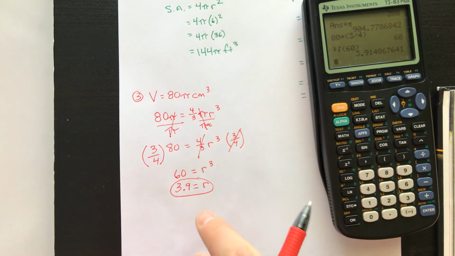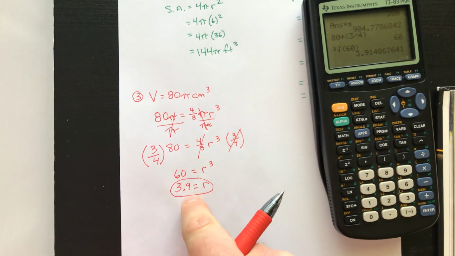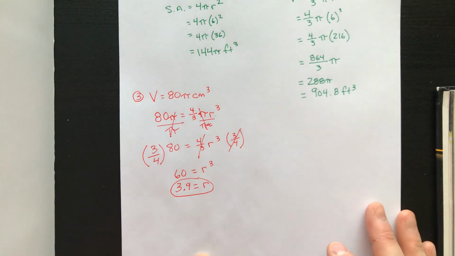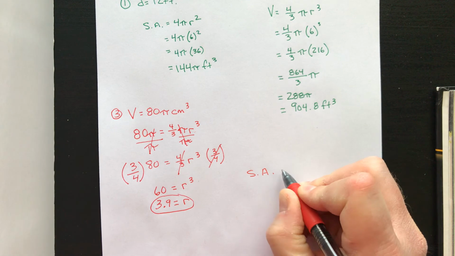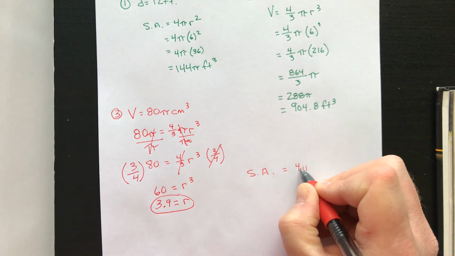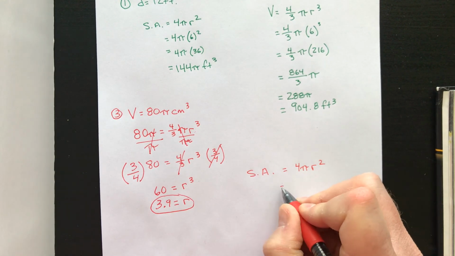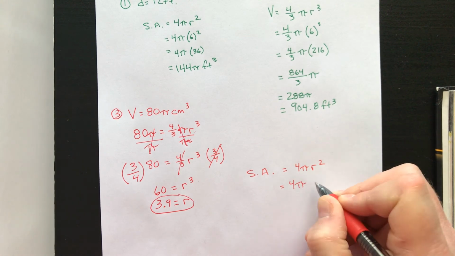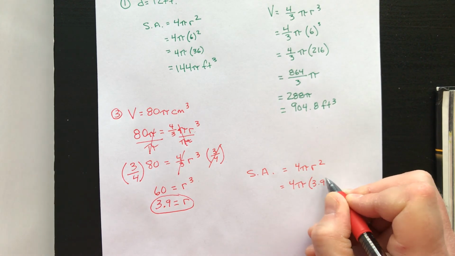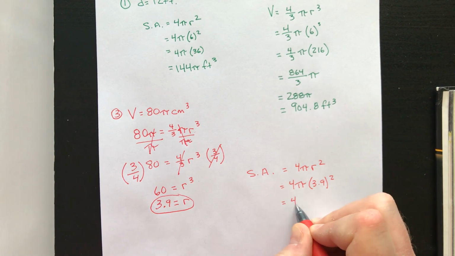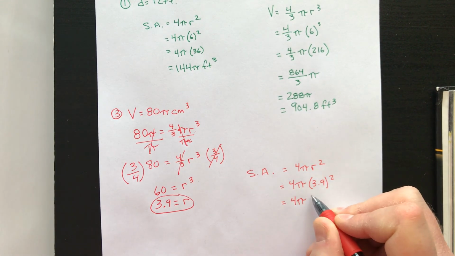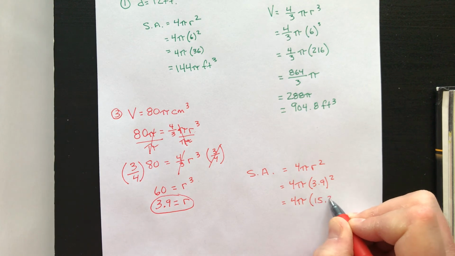If we take this r now and we plug it into surface area, because remember, surface area is equal to 4 pi r squared. So this is 4 pi, and the r is 3.9 squared. So 3.9 squared, this is 4 pi times 15.3.